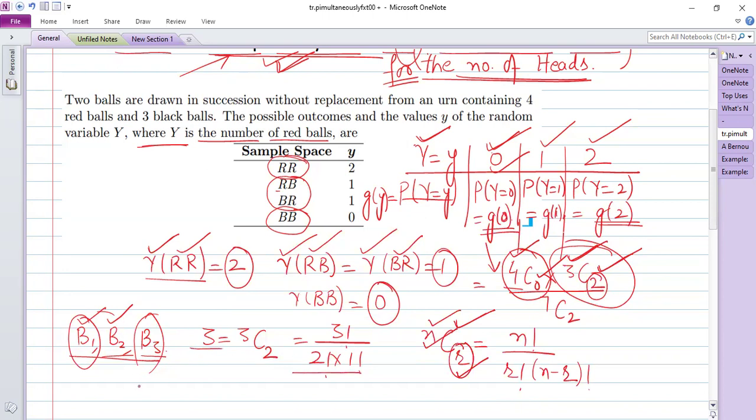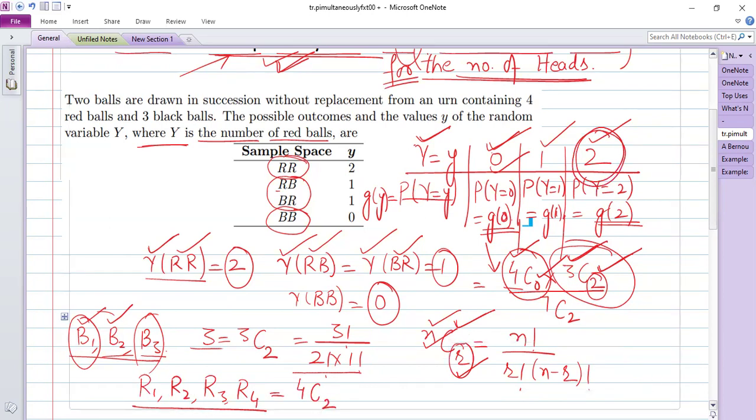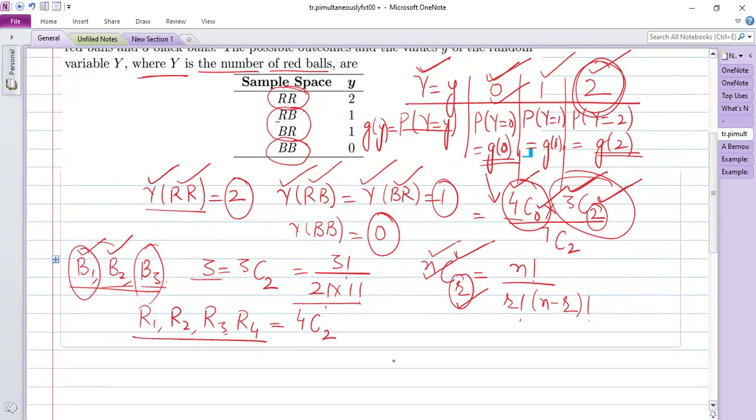Similarly, suppose we have to choose 2 red balls out of 4 red balls, R1, R2, R3, R4. In how many ways can I do so? That is nothing but 4 choose 2, 4C2, which is 6. You can very well see. What are these 6 ways?